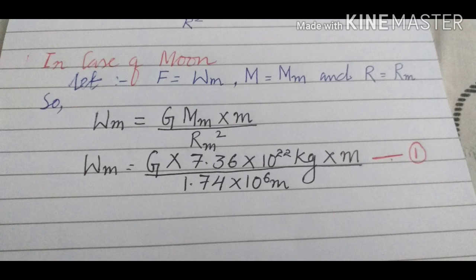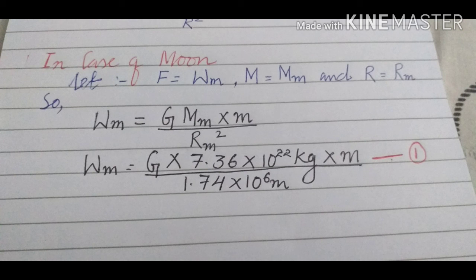This is the radius of the moon, which is given in the table. The value is 1.74 into 10 to the power 6 meter. Clear? Thus we got the weight of the object on the moon, and mark it as equation number 1.